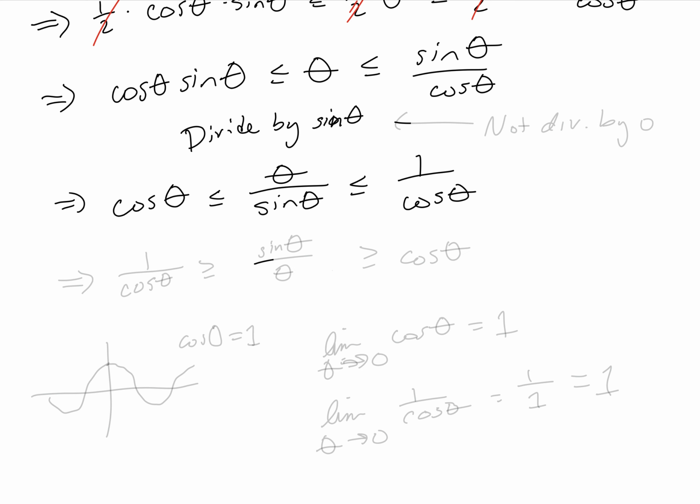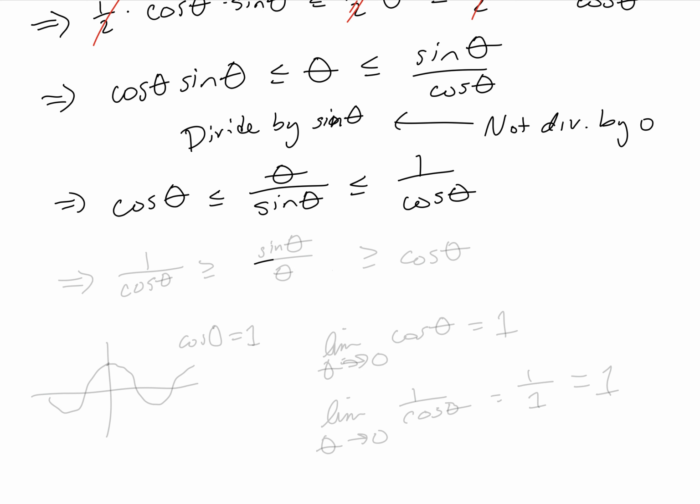One thing to note is that we divided by sine theta. Sine of 0 is equal to 0, but remember that we're interested in the limit as theta approaches 0, and therefore we're not interested in the exact value when theta is actually equal to 0. We're just looking at values of theta that are close to 0 but not equal to 0. And so dividing by sine theta is okay. We are not dividing by 0.